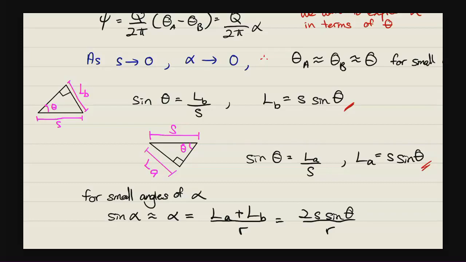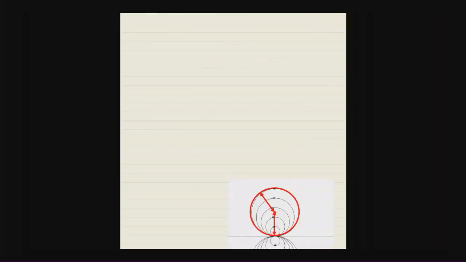Right, so I want to substitute this expression back into my stream function. Remember my stream function is psi equals q over 2 pi alpha.